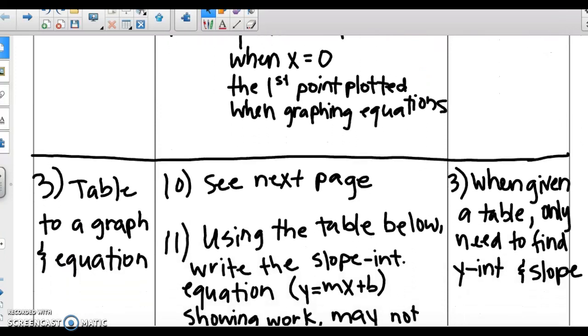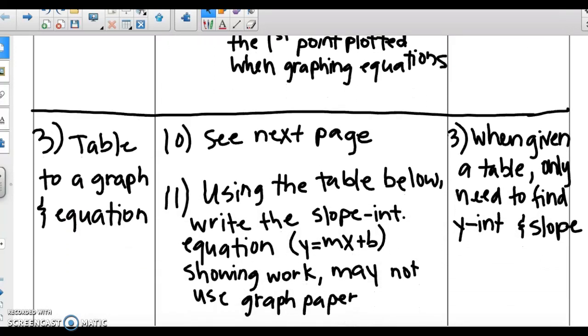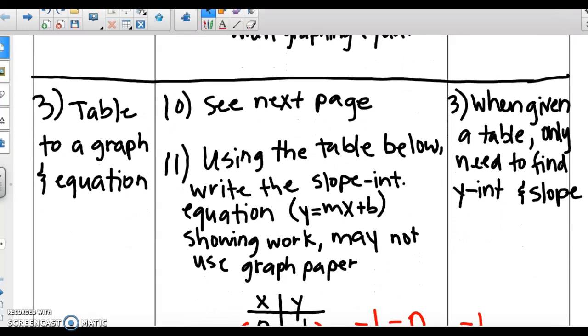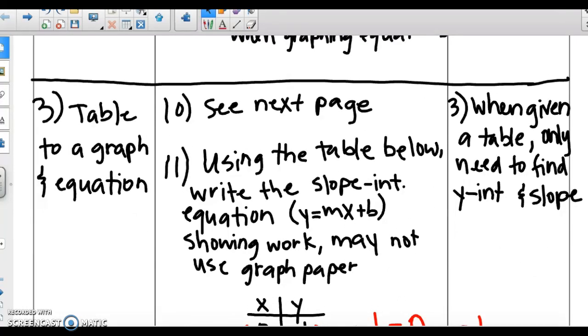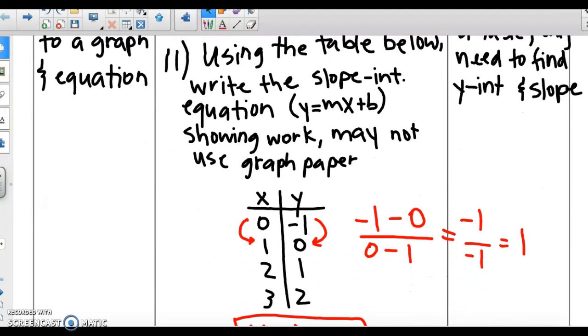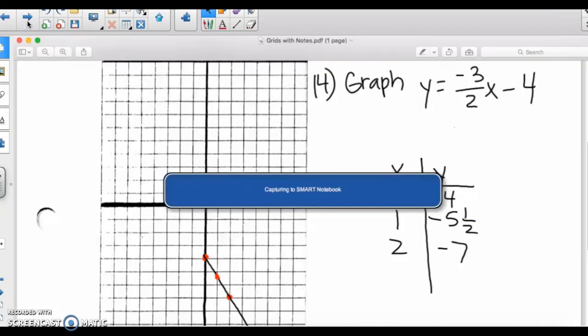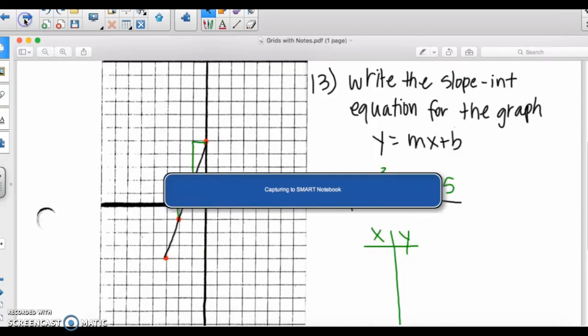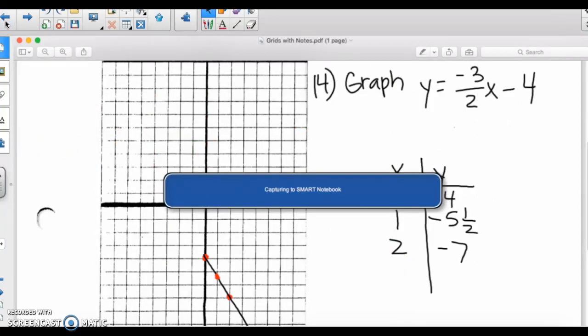All right, so I'm going to try and flip to our graph. Let's see how this goes. When we're going from a table to a graph and an equation, we are given a table with points.